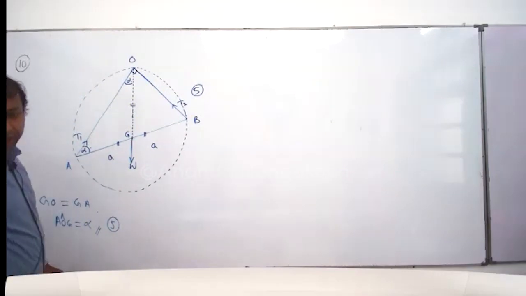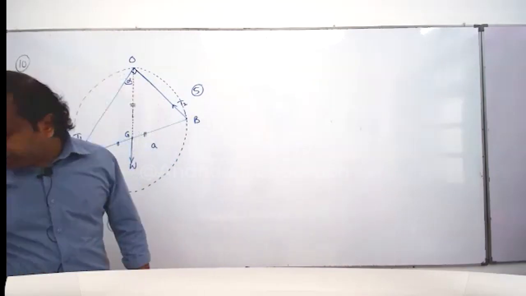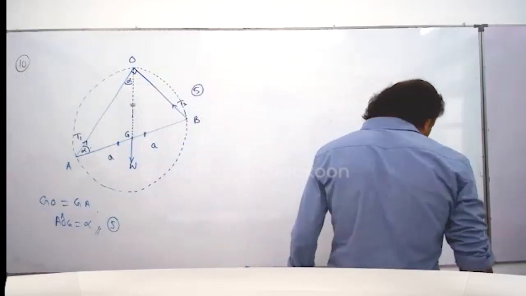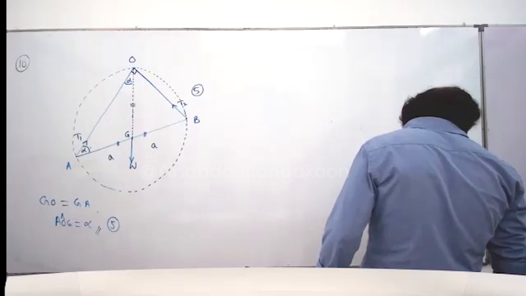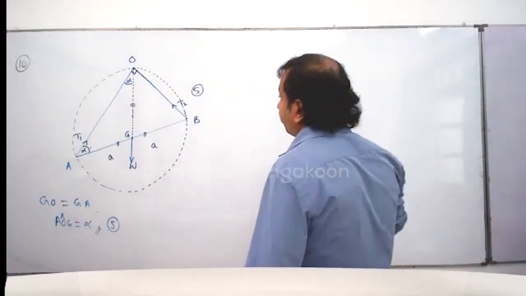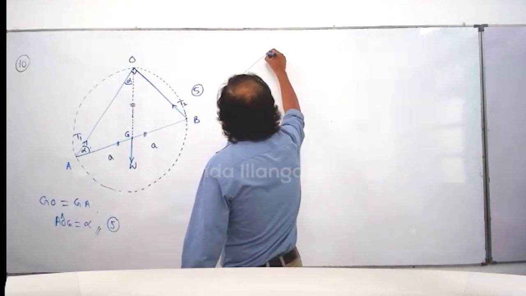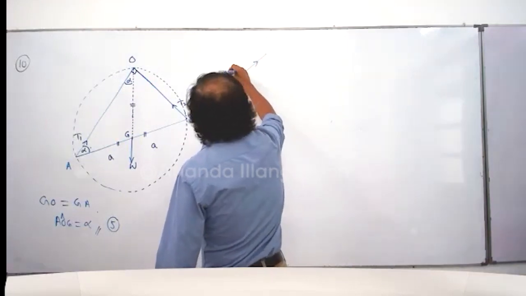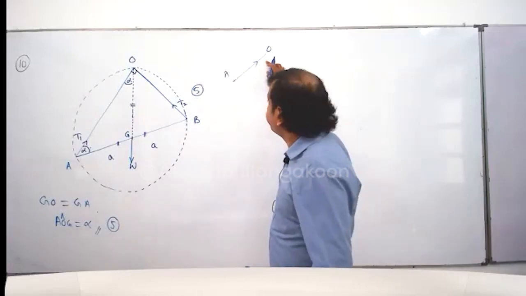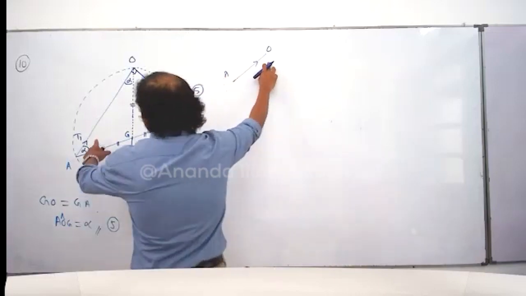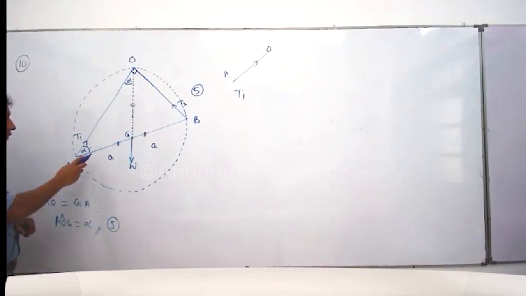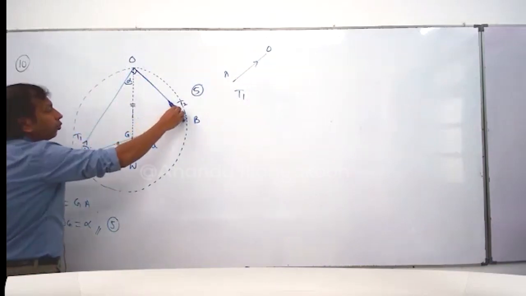Considering the equilibrium of the rod, resolving forces in this direction, the AO direction, what is the force? T1. By T2, what do we get?